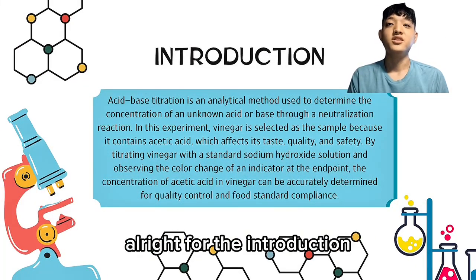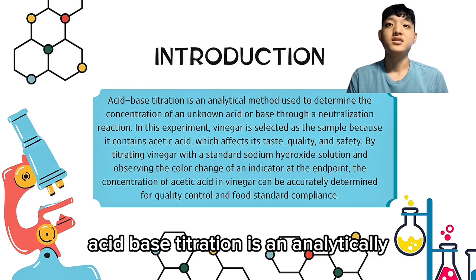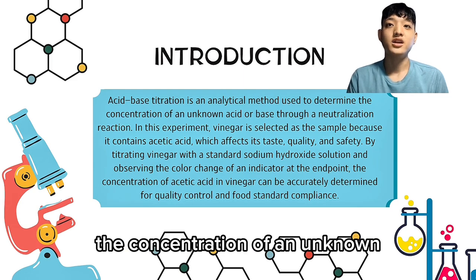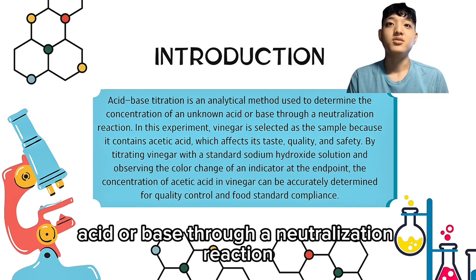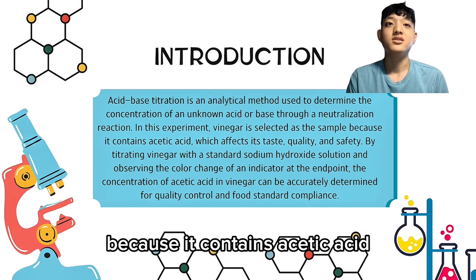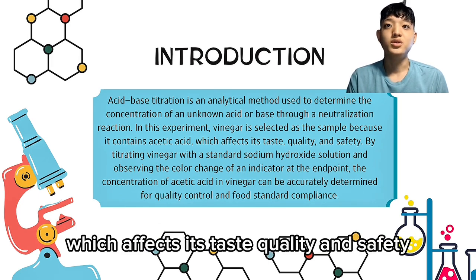Alright, for the introduction, acid-base titration is an analytical method used to determine the concentration of an unknown acid or base through a neutralization reaction. In this experiment, we select vinegar as our sample because it contains acetic acid, which affects its taste, quality, and safety.